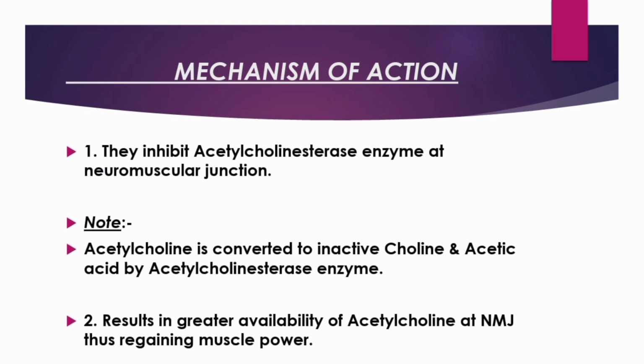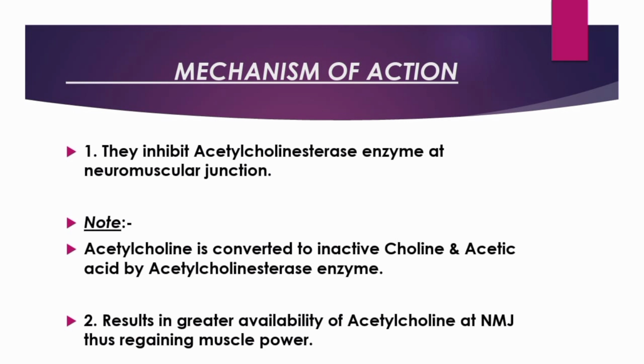And see over here, I have written a note that acetylcholine is converted to inactive choline and acetic acid by the help of the enzyme acetylcholinesterase, and the anticholinesterase drugs inhibit this particular enzyme. I hope you get it.